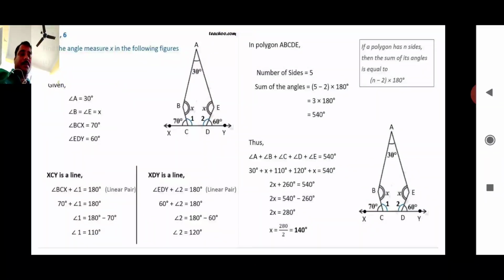Angle A plus B plus C plus D plus E equals 540, put the values of angles A, B, C, D, E, and you get x equals 140.